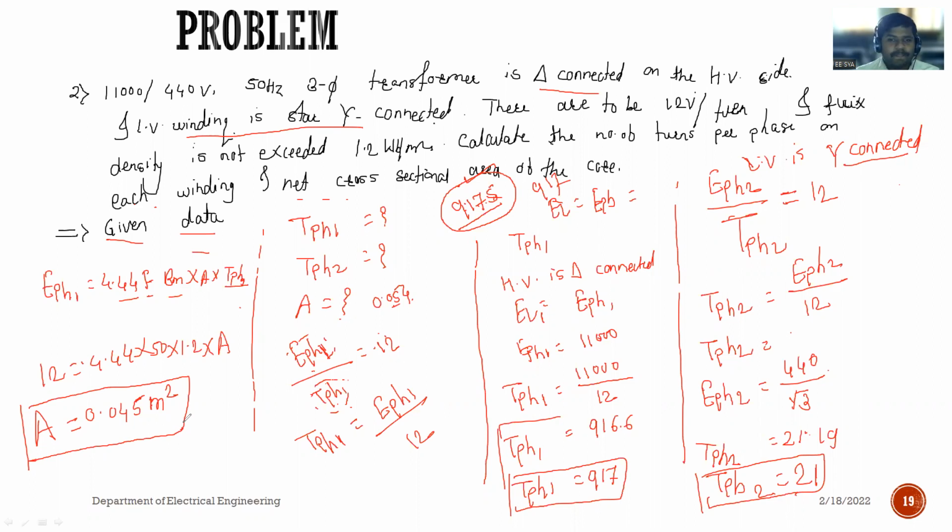Okay, 12 volt per turn. म्हणजे प्रत्येक टर्नचं जे काय इंड्यूस होणारं व्होल्टेज ते दिलेलं आहे. That is, voltage per turn if given, then we are moving on all the way.